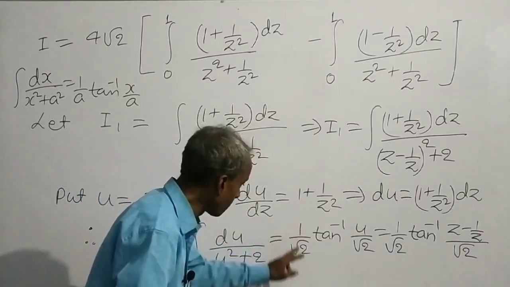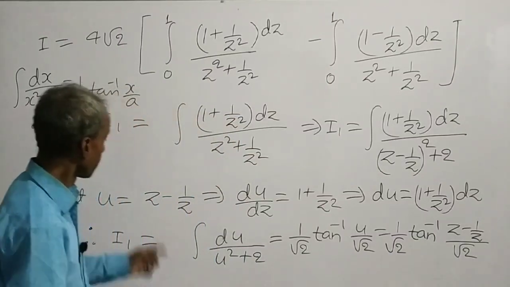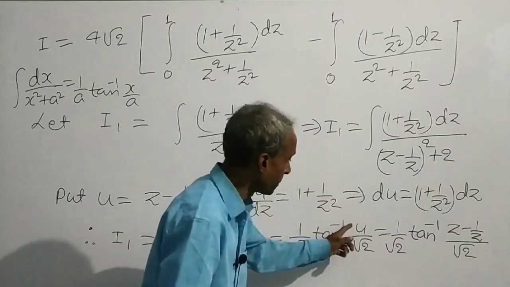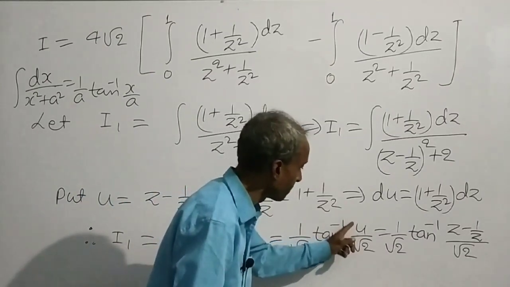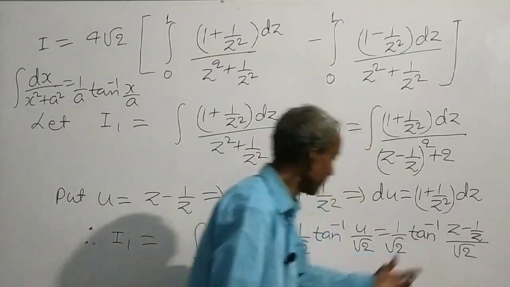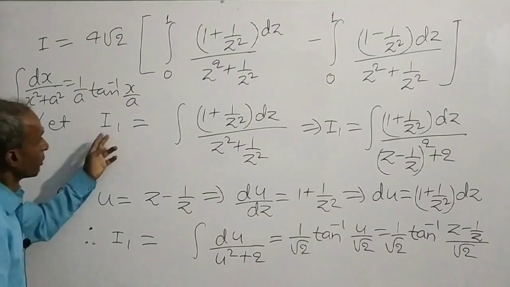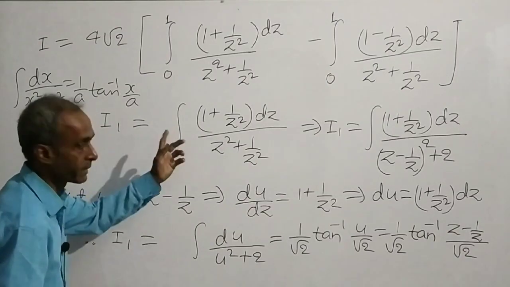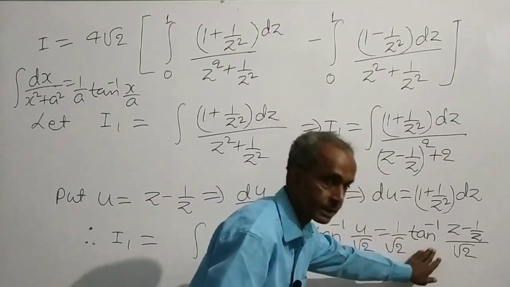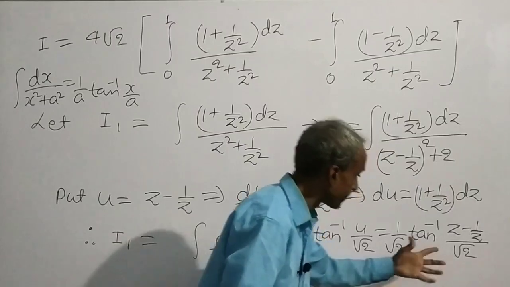So, we write 1 by root 2 tan inverse u by root 2. But u is equal to z minus 1 by z. When we write z minus 1 by z in place of this u, we get this. This is I1, but I1 was this. That means this integral is equal to this.